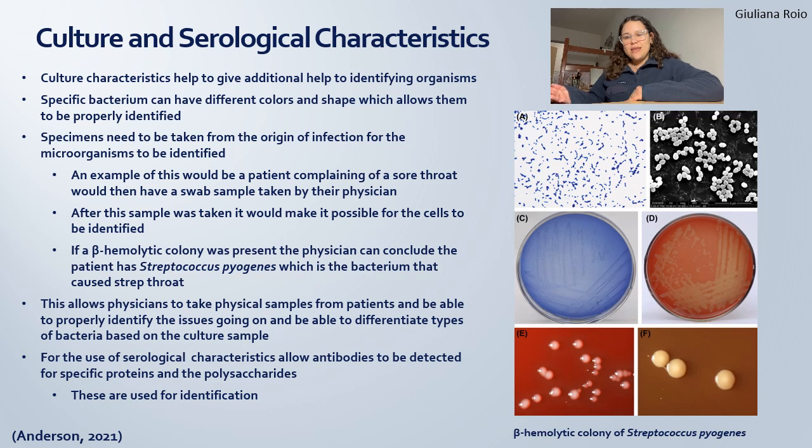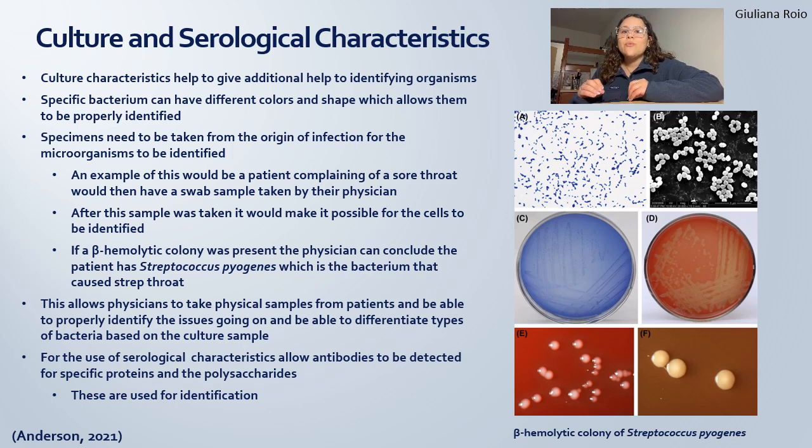Just like I said in the previous slide, a specific shape and color or size can help us to identify those bacteria and figure out what they are, which is really important when it comes to being able to treat patients properly, because without being able to identify these bacteria, we're not able to really know what's going on.